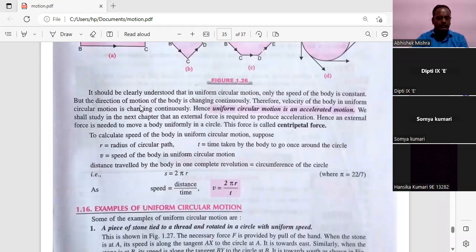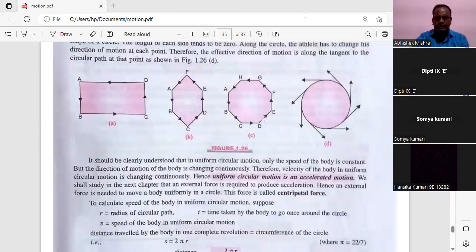Yes, Dipti. Okay, I have seen your query. See, these are the tangents. Dipti and Soumya, see, at this point, the direction of the motion is 90 degree. At this point, the direction of the motion is tangent. That means it is going in this direction, which is 90 degree. Is it clear to all?